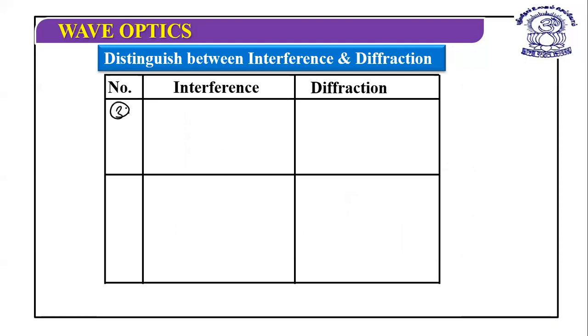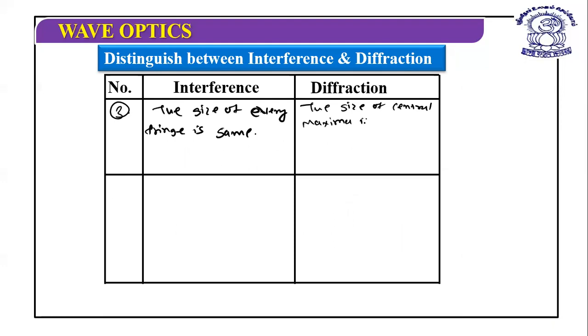In interference, the size of every fringe is the same, whereas in diffraction, the size of the central maxima is larger than the other maxima.